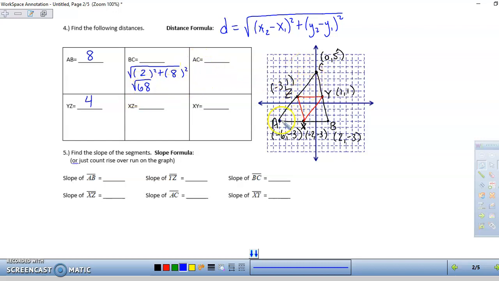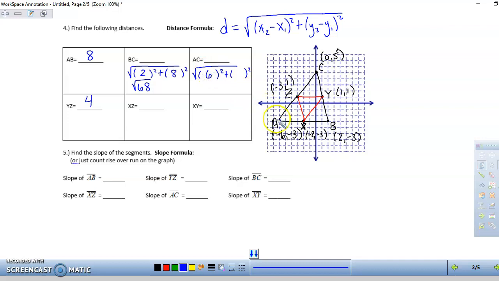AC. So if I'm going from A to C, I want you to pause and try to figure out that distance. Okay, so welcome back. We should be using the same logic. You're doing the distance from the x's. So I'm going from -6 to 0.